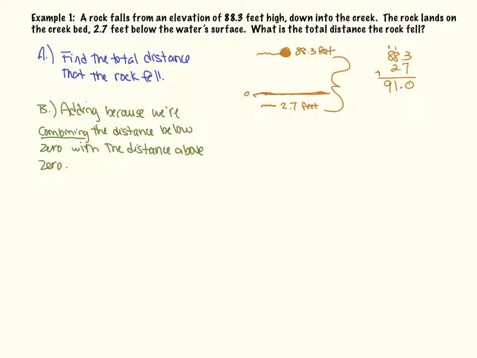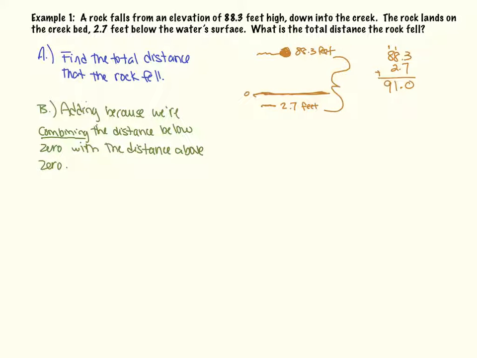So when we sum up our answer, we have to first repeat what it is we're finding, and we're also going to try and use the key words in our actual problem.